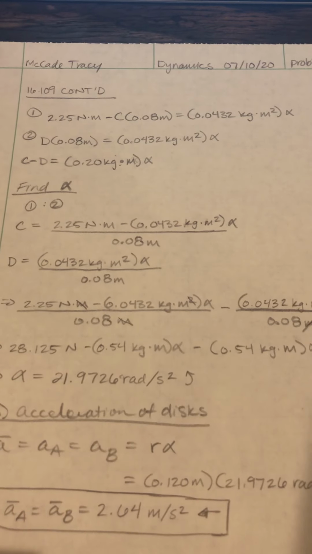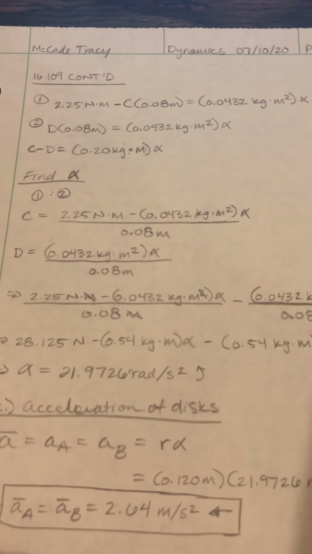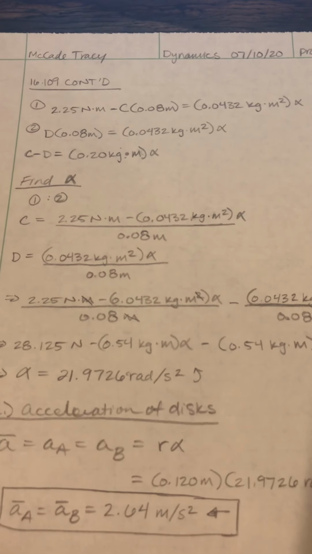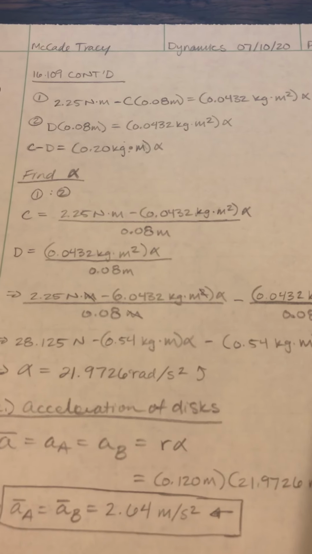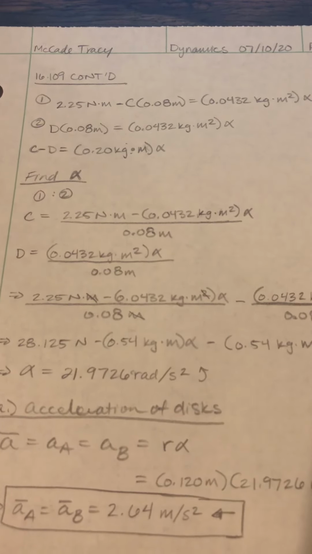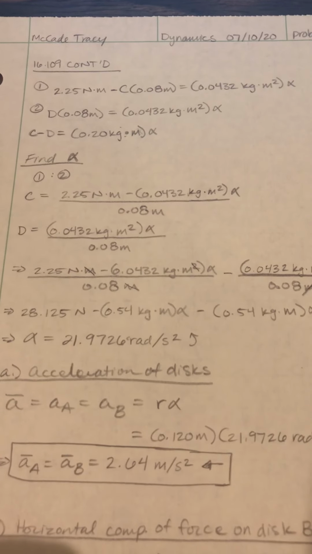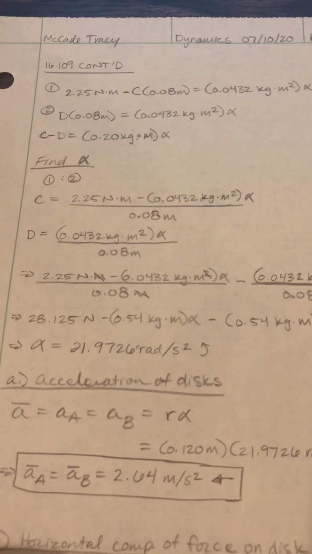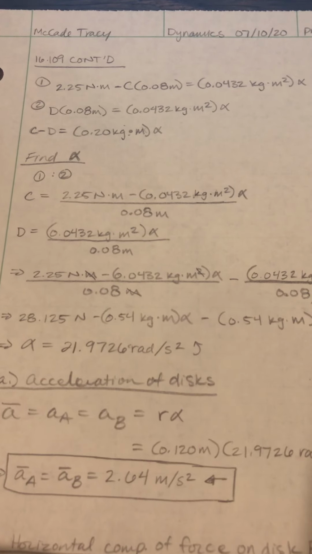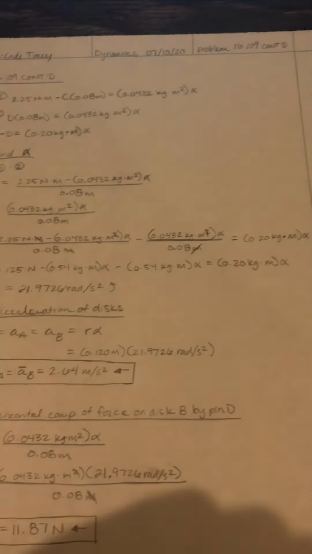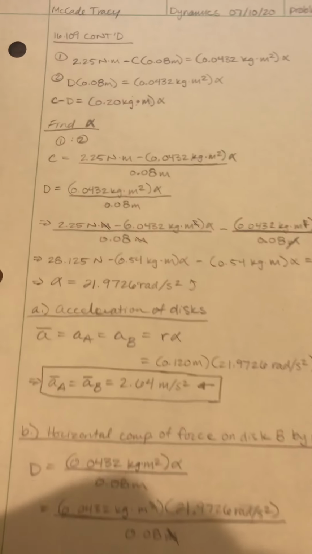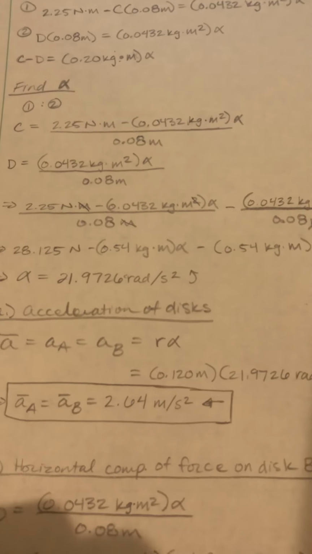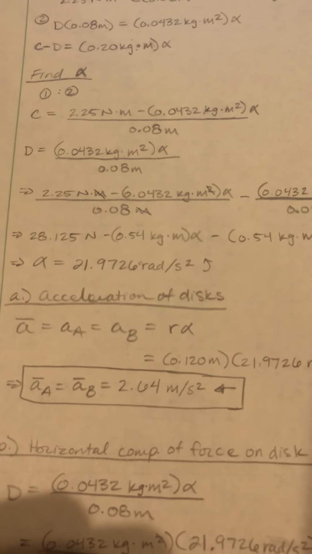We were able to manipulate both equations 1 and 2 to set them up for C and D. Plugging them into this C minus D equals 0.2 kilograms per meter times alpha equation, and with simple algebra, we find that alpha is equal to 21.9726 radians per second squared in the counterclockwise direction.